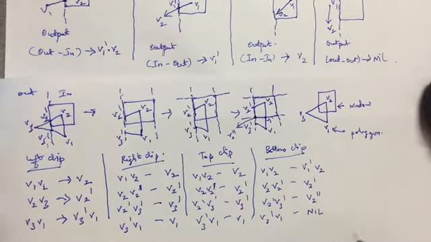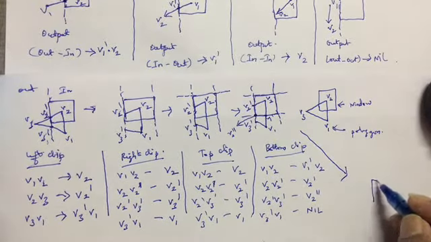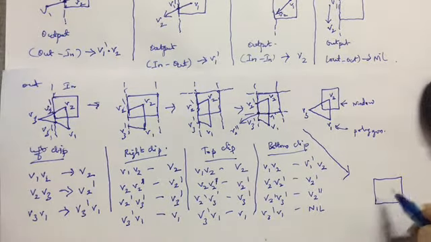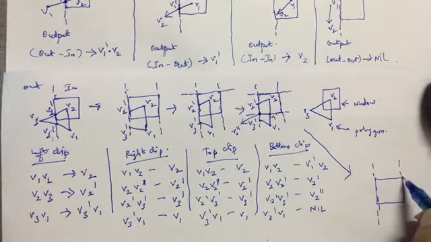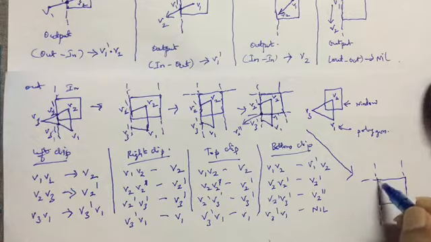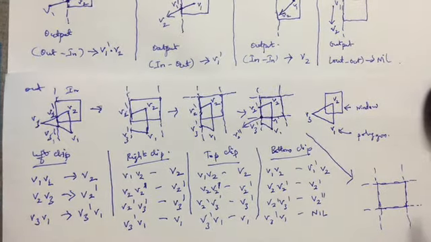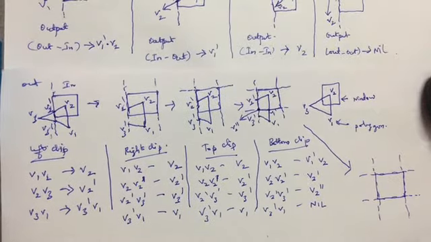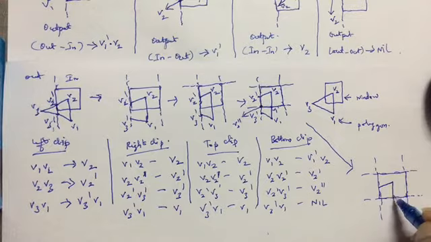So this image will have the output after the polygon clipping algorithm, which is nothing but the Sutherland-Hodgman algorithm. So we will get the image as this.